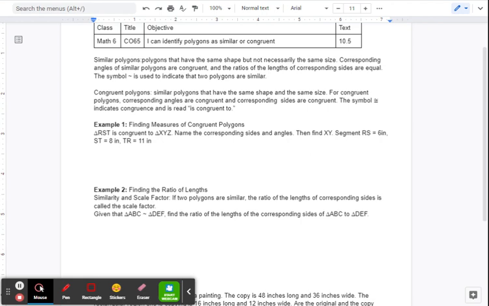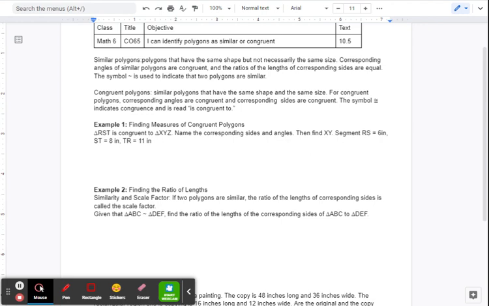So finding measures of congruent polygons. Triangle RST. So let me draw triangle RST. Imagine that these are straight lines. For some reason, my board is not going straight for me.